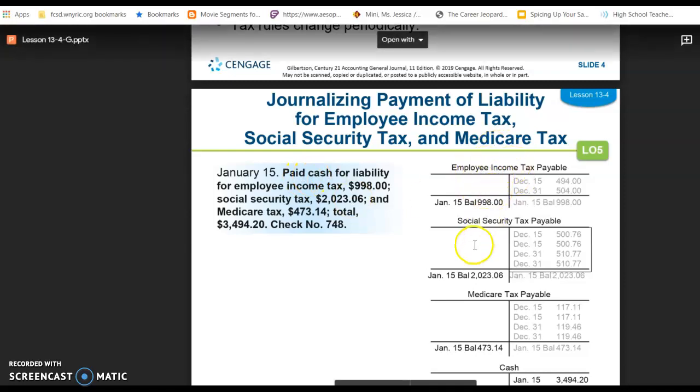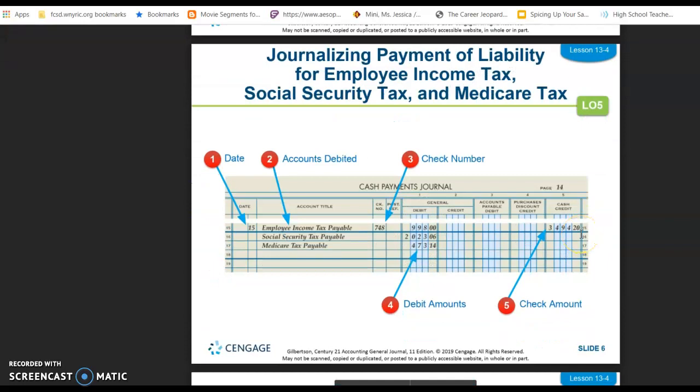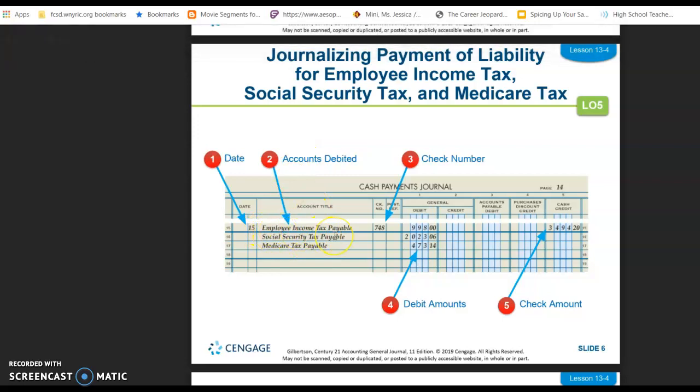Over here it shows the T accounts for those different numbers and where the amounts came from. And then down below is how it would look in the journal once we journalized it. So remember that the employee income tax is the federal, the check number, whatever is given, is in the check number column, and all of these are in the general debit.